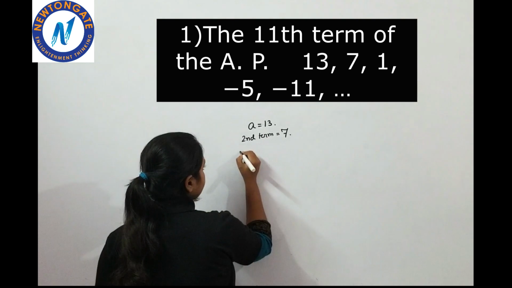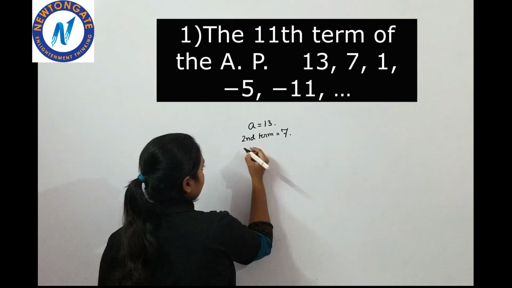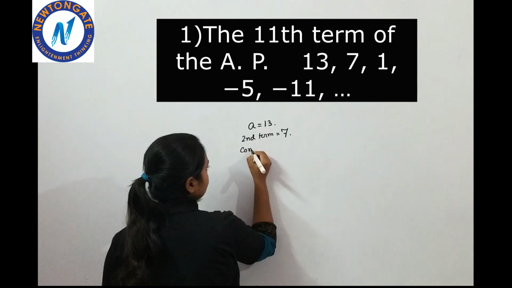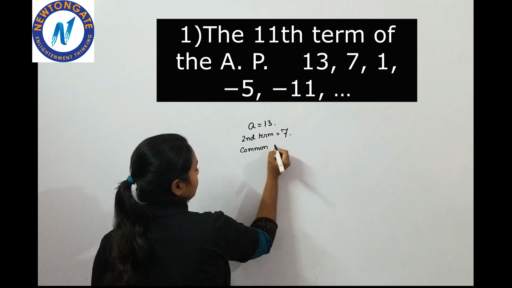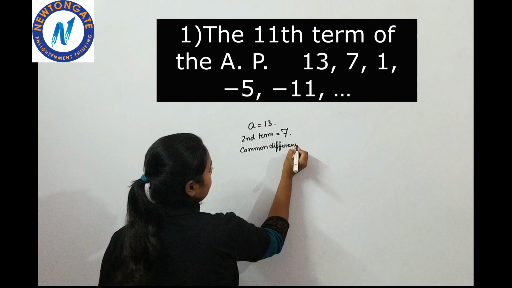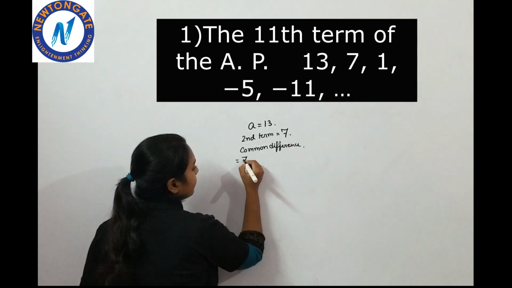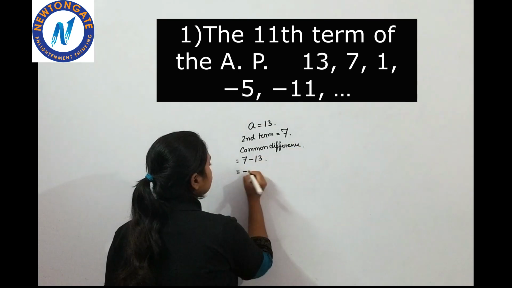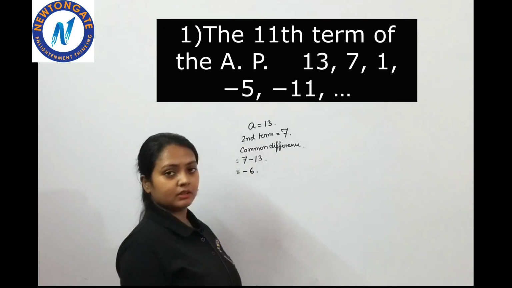Then the common difference is 7 minus 13, that is minus 6, right?